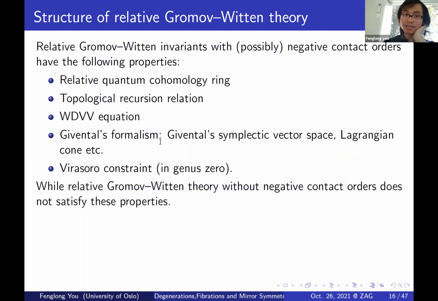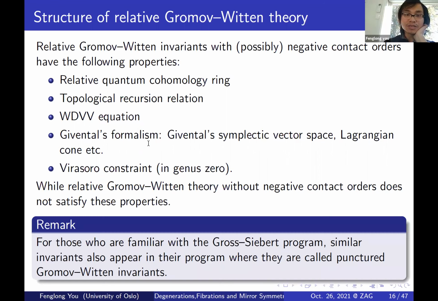There's something called the Givental formalism. In general, the enumerative mirror symmetry statement can be stated in terms of Givental formalism. And it's also related to the Gromov-Witten program.